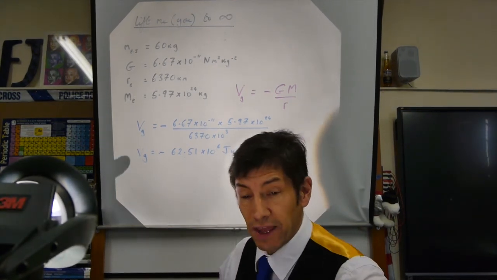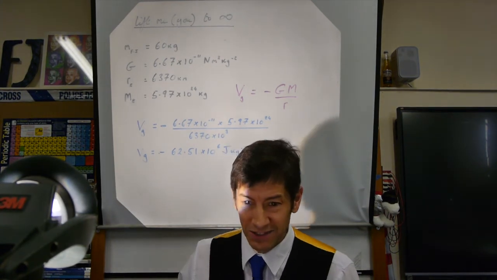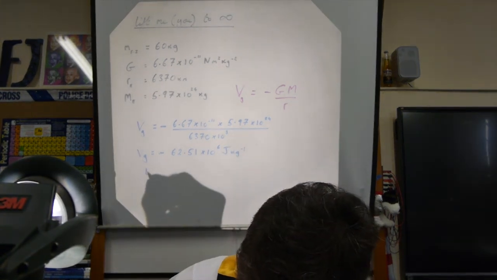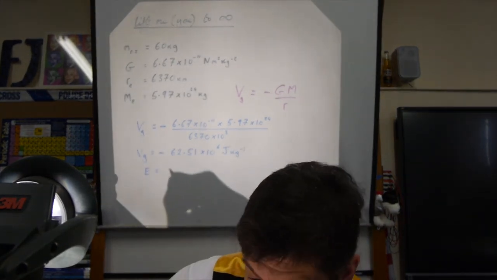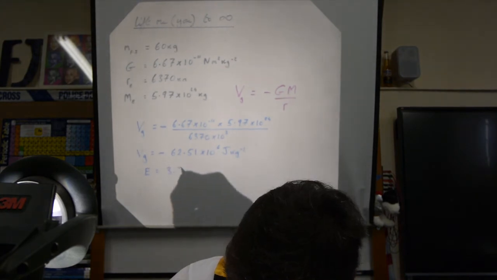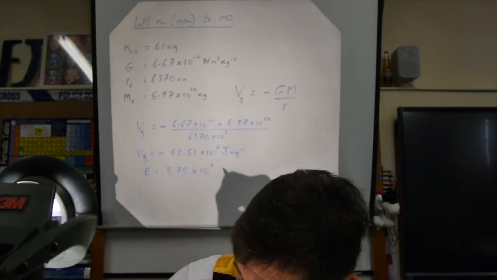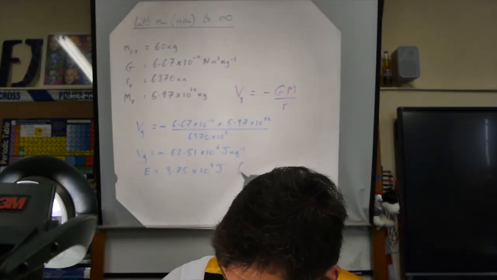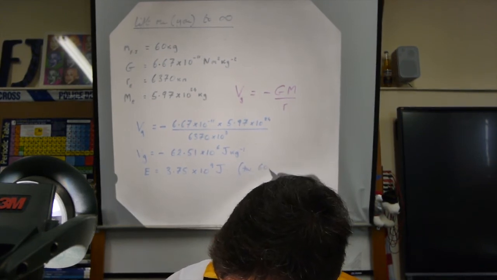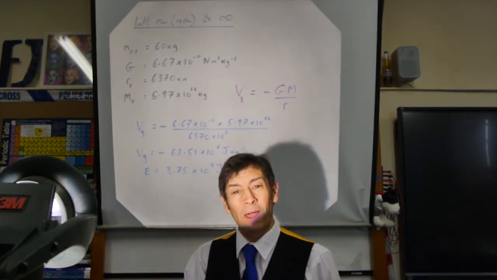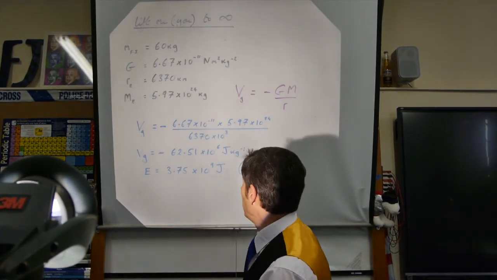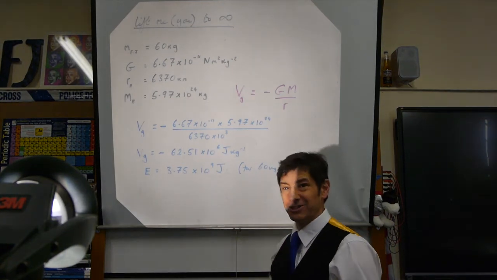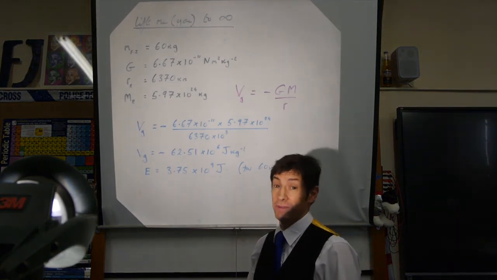Okay, and then if you times that by my mass, the energy that you will need to feed in is equal to approximately 3.75 times 10 to the 9 joules, and that's for 60 kilograms of payload to get to that place. So I hope you got that right. If not, have another quick look over it and make sure you get it sorted, because it's the sort of thing that does come up at A level.